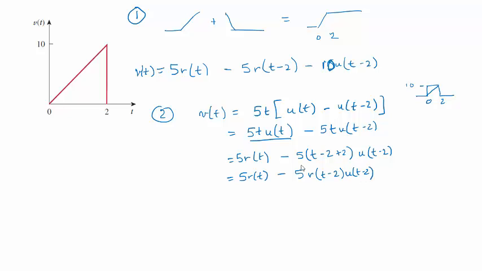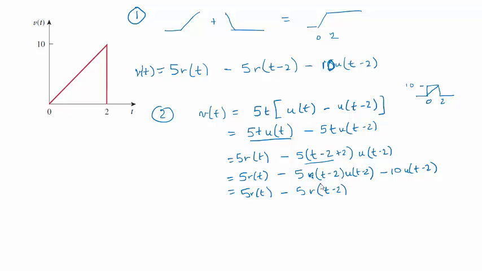So I'm taking this part right here, 5t minus 2 times this, and then the other one is this times this, which is minus 10 u of t minus 2. Okay, so that's 5 ramp at 0, minus 5, and now this is officially a ramp. Whoops, should just have been 5 right there. So now this is officially a ramp at t minus 2.